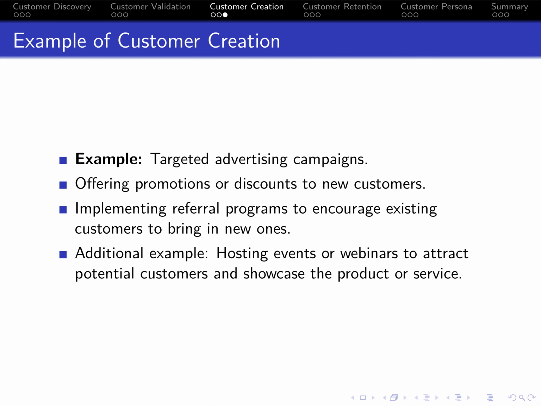By utilizing these tactics, businesses can expand their reach, build relationships, and ultimately increase sales. These examples demonstrate practical ways in which businesses can create and attract new customers to grow their ventures successfully.